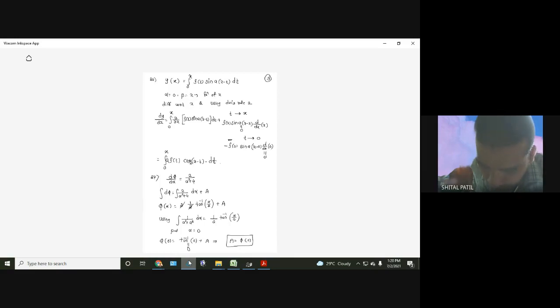But now we want to find phi of 0, and then ultimately we want to substitute all these values in this equation, equation number 1: phi of alpha equal to tan inverse of alpha by 2 plus A. Till A is not known, we'll find that in next step. Change the page.